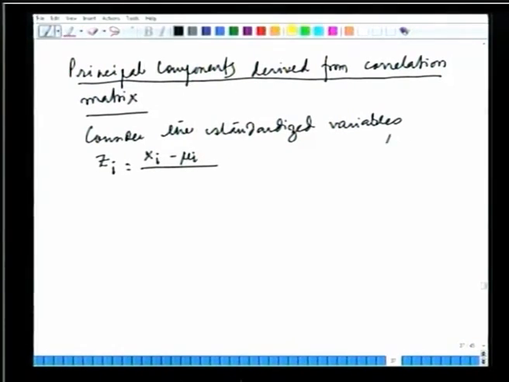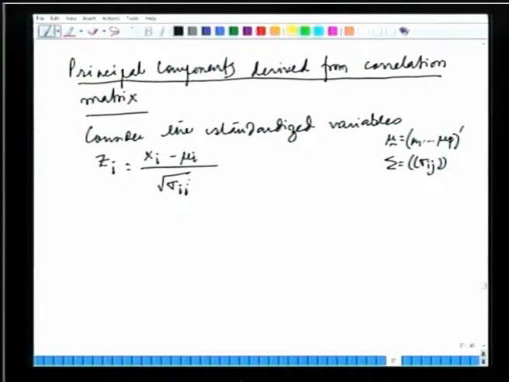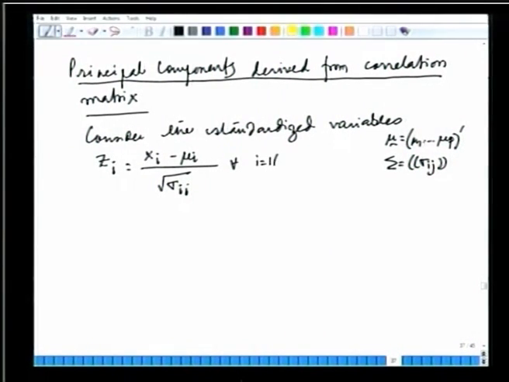We had earlier said that the mean vector is mu 1 to mu p, and sigma, the variance covariance matrix, is sigma ij. There are p variables x1 to xp.